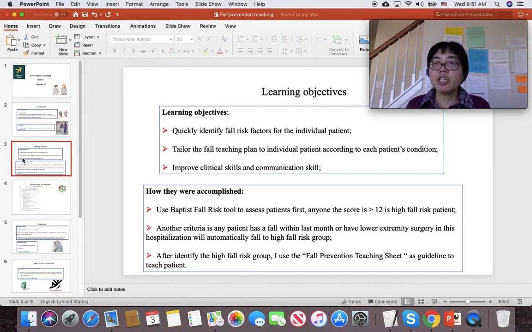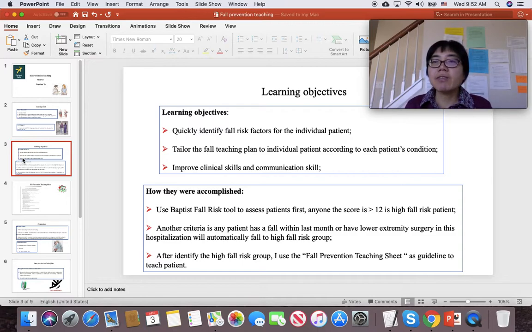That's my teaching target. Another criterion I use is that if a patient fell within the last month or has lower extremity surgery during this hospitalization, they automatically fall into the high fall risk group. That's also my teaching target.